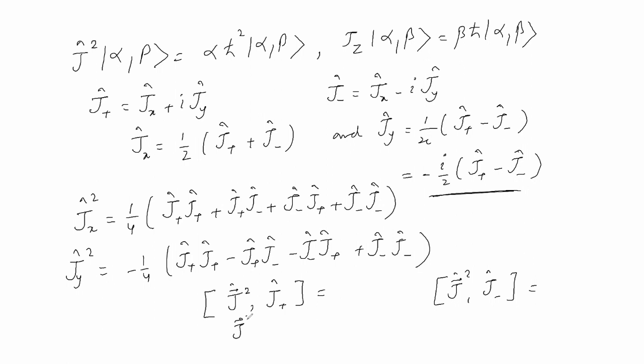This J plus is Jx plus iJy. Therefore, this is Jx plus iJy. And what is the commutator of J square with Jx and J square with Jy? 0. Therefore, this quantity is 0. Similarly, this quantity would be equal to 0. Therefore, you can write the commutator of J square with J plus minus is equal to 0. Is it clear?